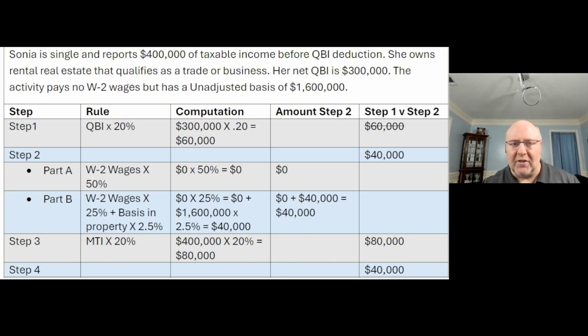So that'll be our next task: what happens if it's in the phase-out? I am not going to do a within-the-phase-out example for an SSTB, a specified services trade or business, as it's outside the scope of this video. You're unlikely to see that on the exam, but I will do one for a non-SSTB.